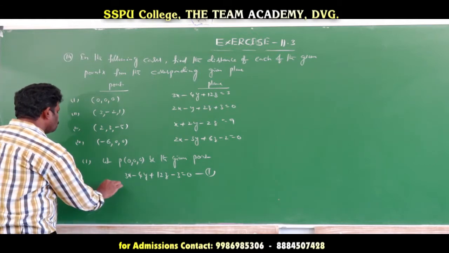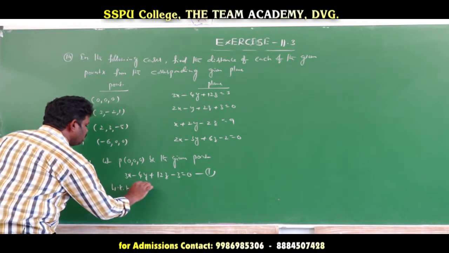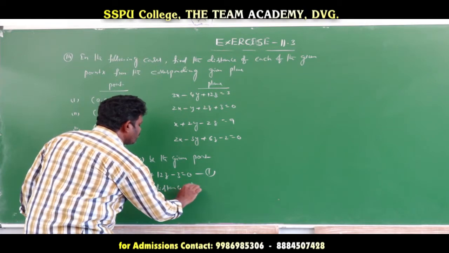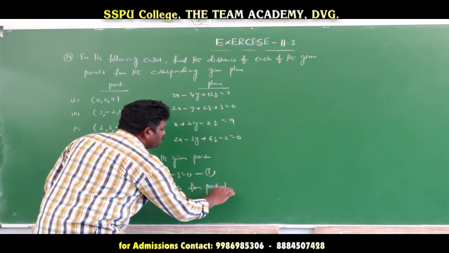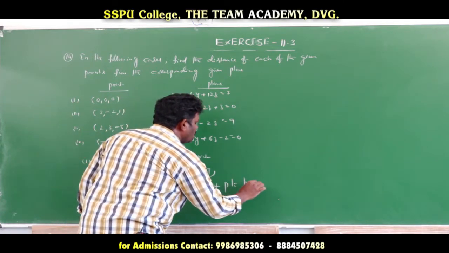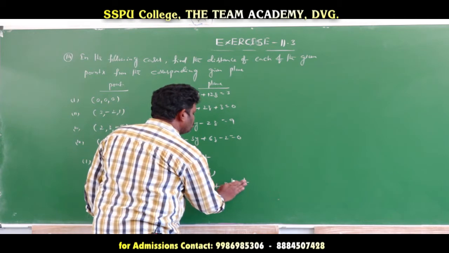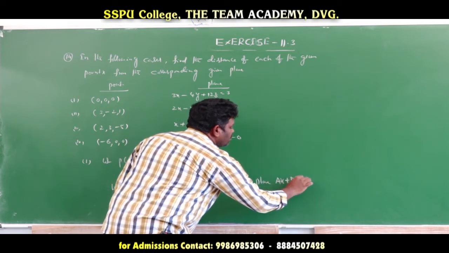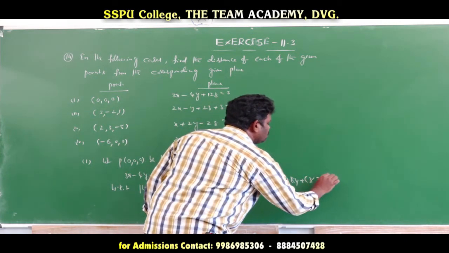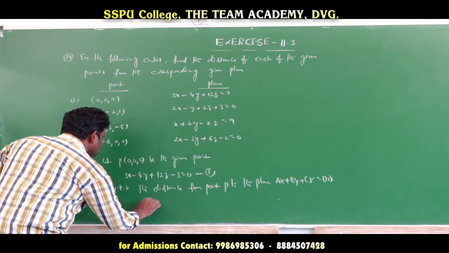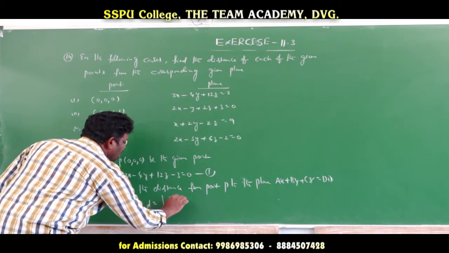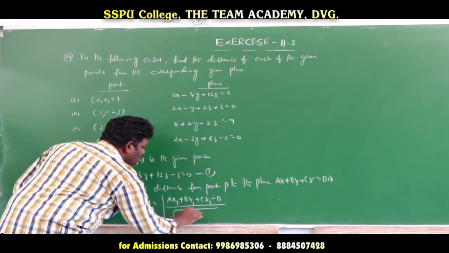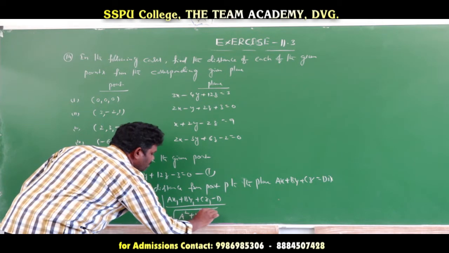Now we know that the distance from point P to the plane ax plus by plus cz is equal to d is equal to modulus of ax1 plus by1 plus cz1 minus d, divided by the square root of a square plus b square plus c square.